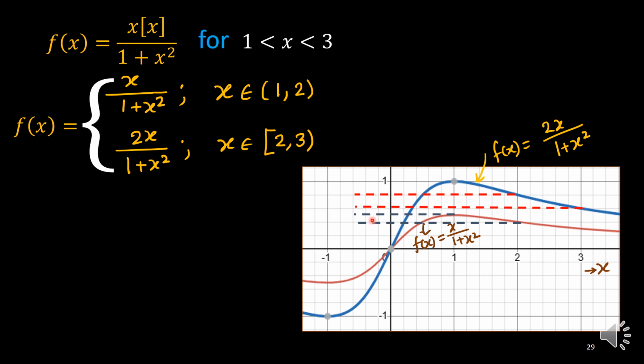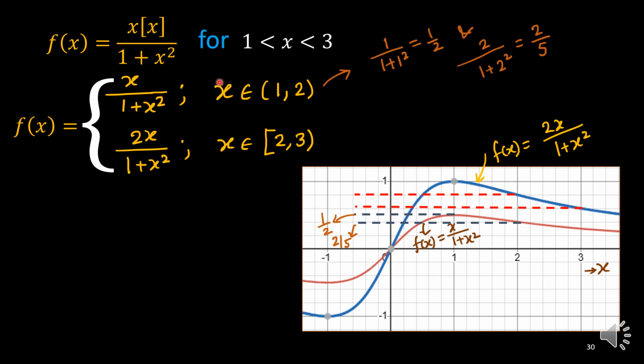This is one range for the interval 1 to 2, and this is another range for the interval 2 to 3. Now we can calculate these values, and it is very easy. At x equals 1 and x equals 2, we consider the function x upon 1 plus x square.